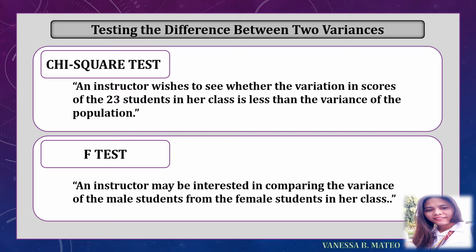While for the F-test, an instructor may be interested in comparing the variance of the male students from the female students in her class. So as you can see, there is a comparison between two variances in the F-test, while in the chi-square test, there is only a single variance under study in the situation.